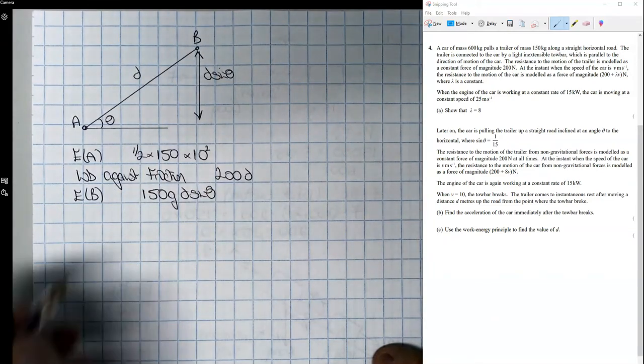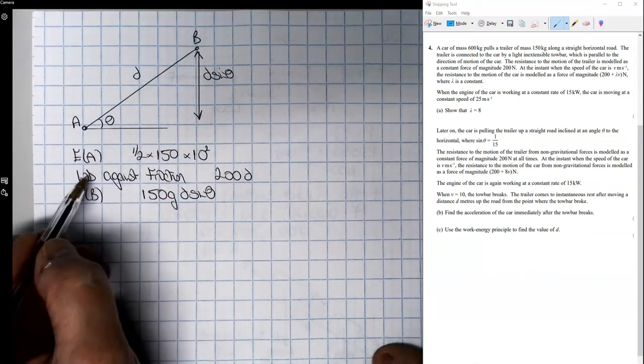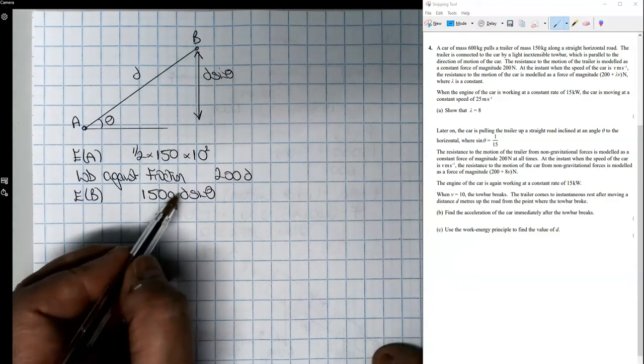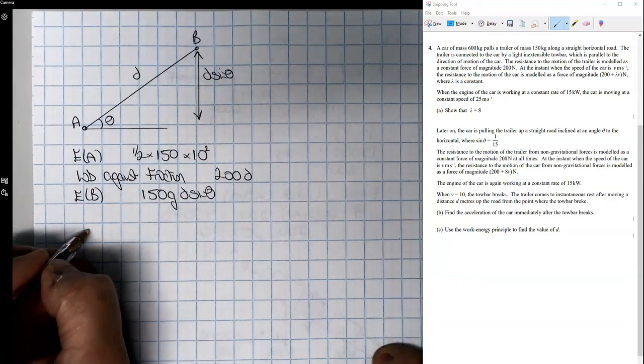Okay, and I know now that the energy at A, take away work done against friction equals energy at B, or that equals that plus that. Doesn't matter how I lay it out.